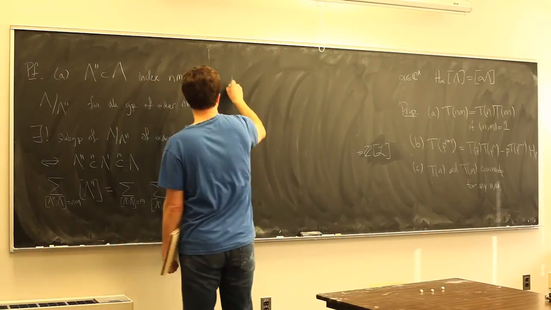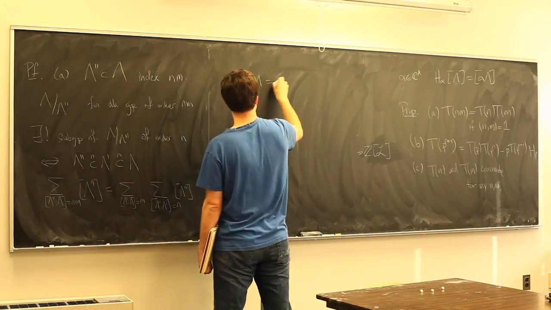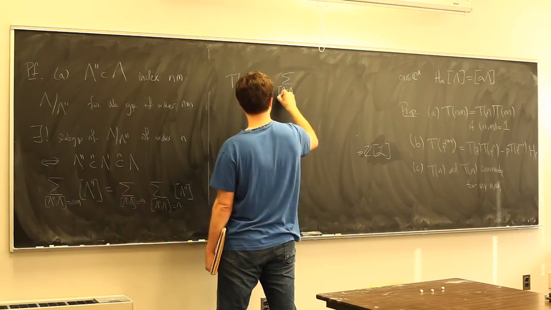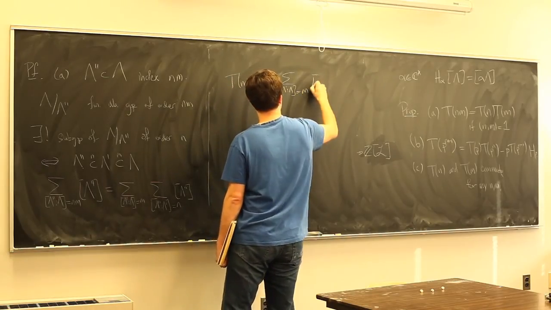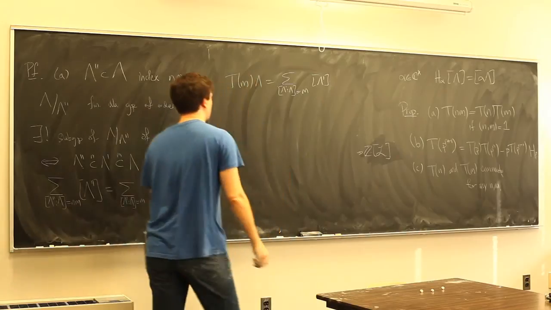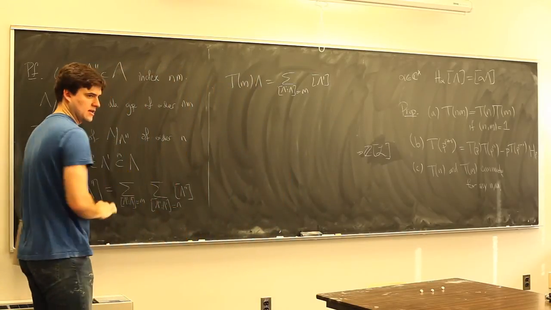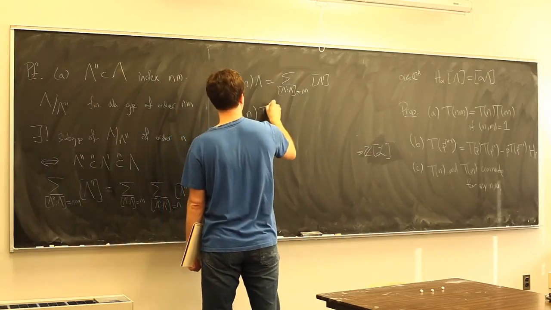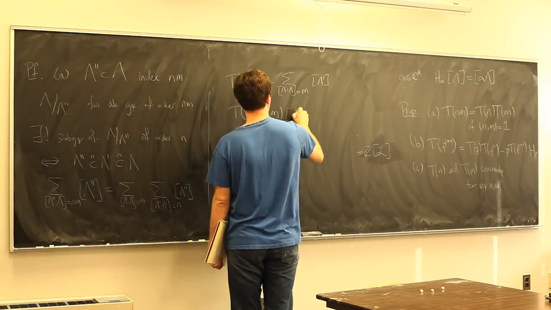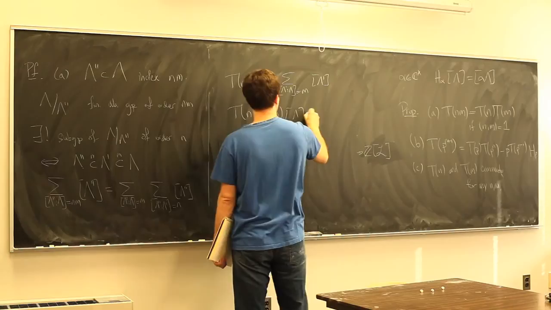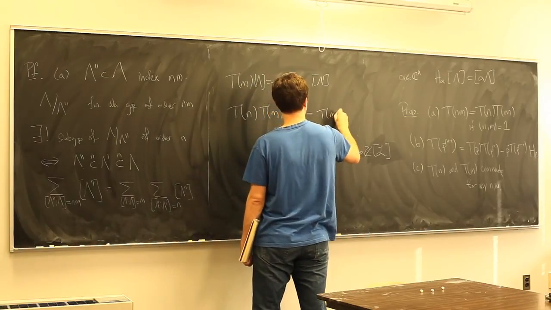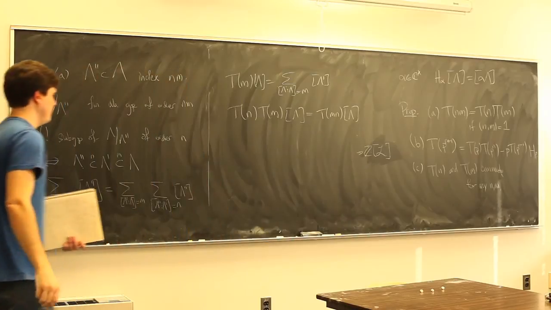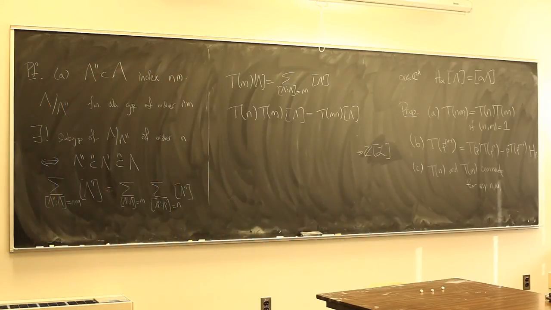But T of m lambda is the sum over lambda prime of index m, lambda prime, by definition. And so when you do T of n of that, you get exactly this. Makes sense?